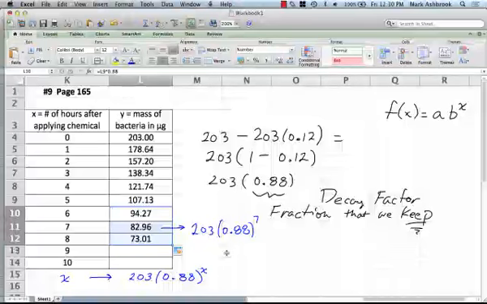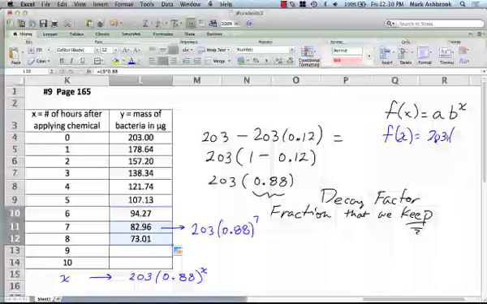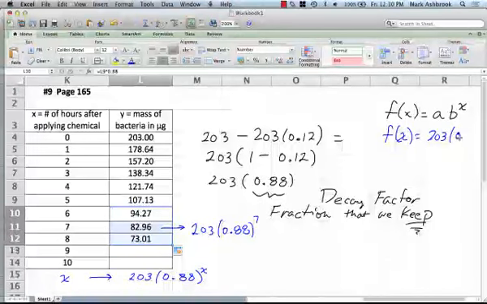There's our form. Initial value, in this case, 203. Growth factor, now it's called the decay factor. What's our multiplier? Our multiplier is 0.88, which represents what decrease? So we can rewrite it as 1 minus the decrease.